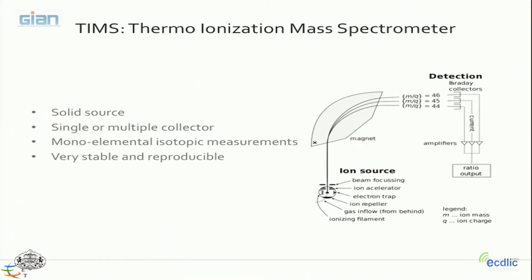Let's start with my specificity, the thermo-ionization mass spectrometry. This is the first machine used to measure the isotopic composition, because the technology at this time was sufficient to build this kind of machine, stable enough to be able to measure.